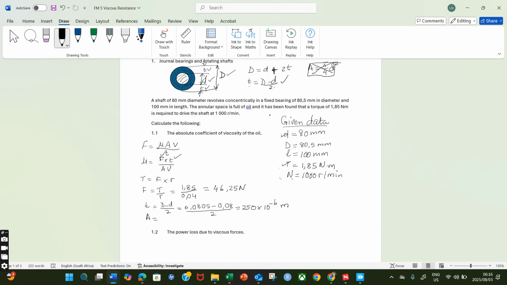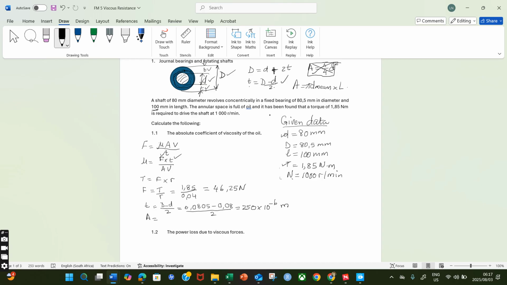So we need to consider the circumference of the shaft, going through the mean diameter. So the circumference of the shaft will be pi d mean. To find the area, we must use this pi d mean multiplied by the width of the bearing, not the length of the shaft, which is represented by this length of the bearing.